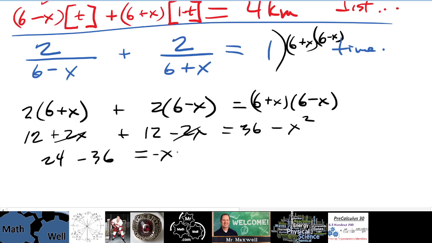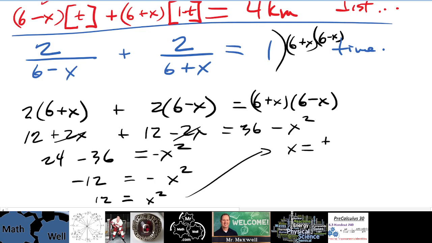Let's do a couple steps at once. Gives me a negative x squared. So what's that going to be? Is it 12? Negative 12 equals negative x squared. So that's going to be positive 12 equals positive x squared when I divide both sides by negative 1. And x should equal, let's see, plus or minus root 12.